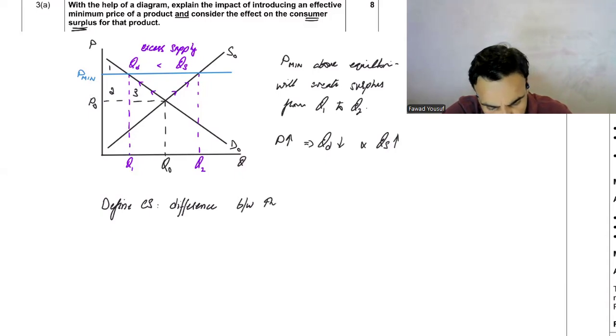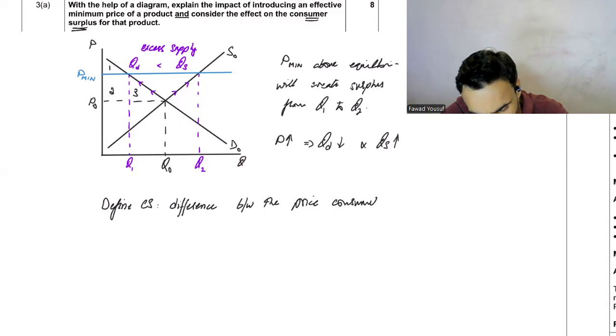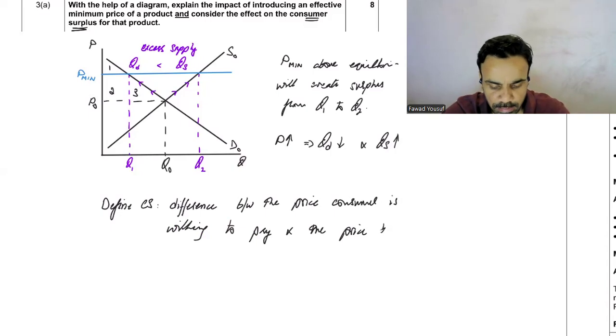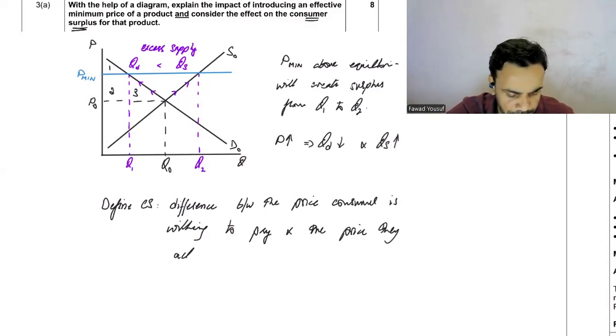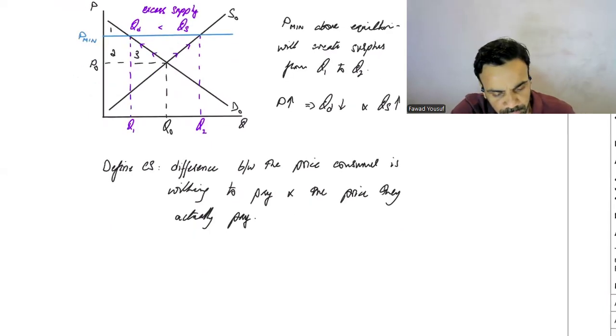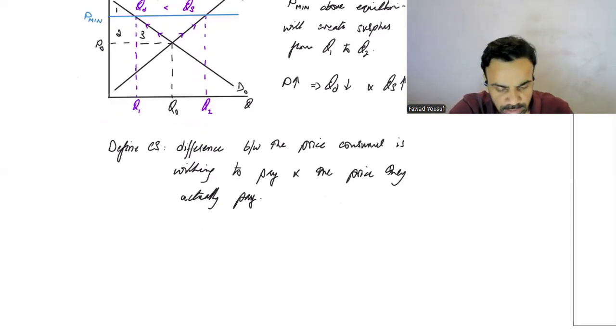Difference between the price consumer is willing to pay and the price they actually pay. I think this is a reasonable definition. It's not a good idea to go off it. अच्छा, उसके अलावा using the diagram, usually people make another diagram for it, लेकिन in my opinion ऊपर वाला diagram will suffice.